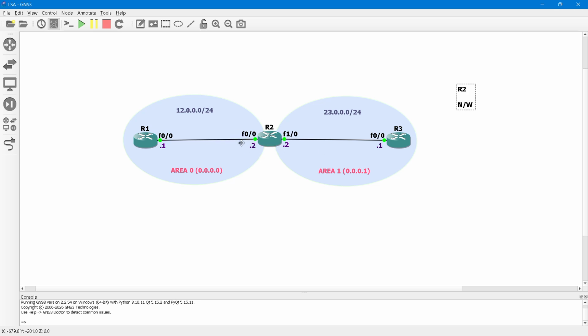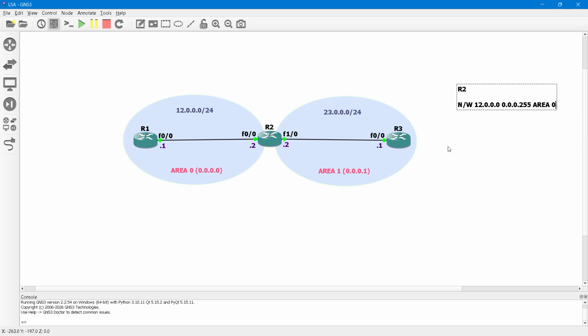First we'll configure this particular interface, not exactly the interface, but we give it throughout. For this one, Area 0, I'll say network 12.0.0.0, followed by the inverse mask 0.0.0.255, and then the area, which is Area 0. Either I can do it this way or as 0.0.0.0.